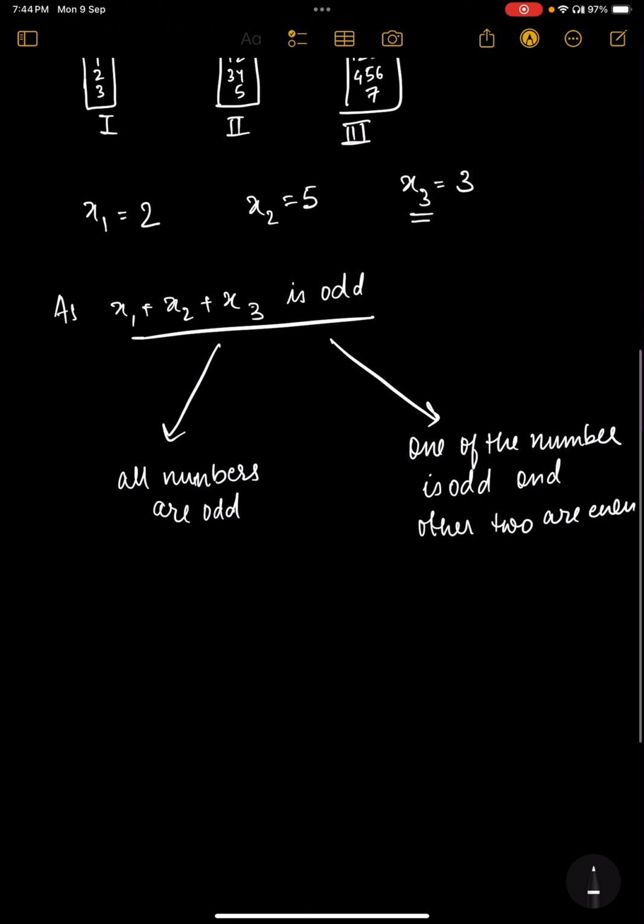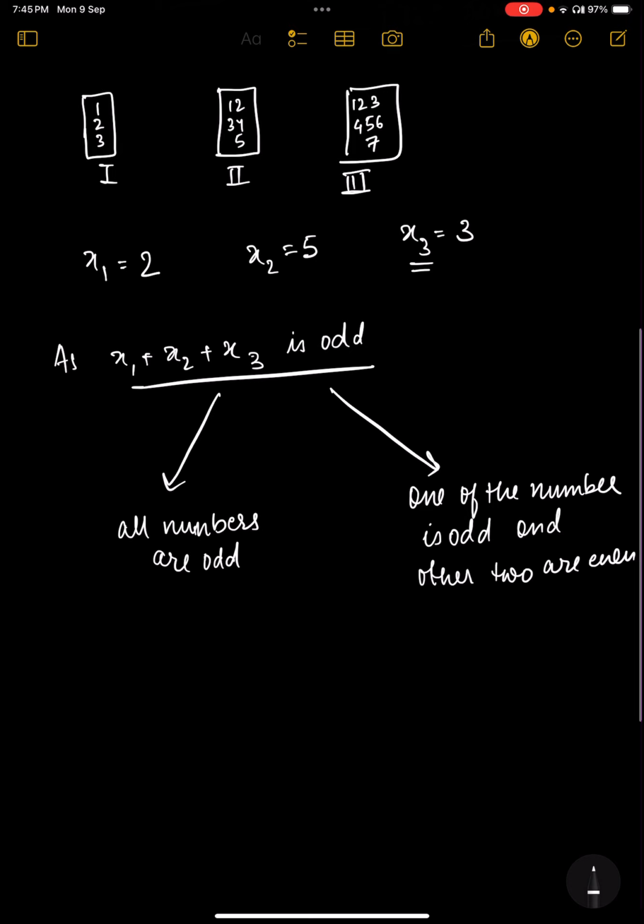Okay, so these two conditions hold. Now, for the first condition, we have two odd cards in the first box, three odd cards in the second box, and four odd cards in the third box. So we can select all the odd cards as 2c1, 3c1, and 4c1.